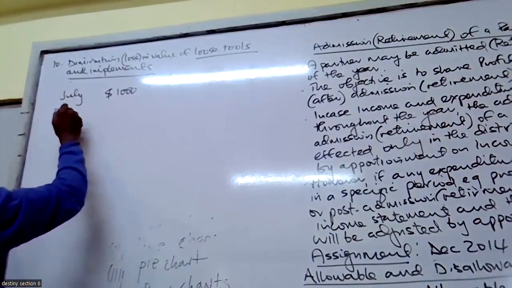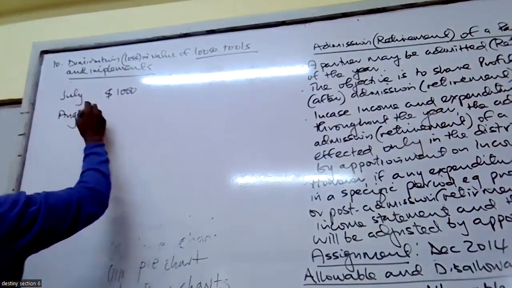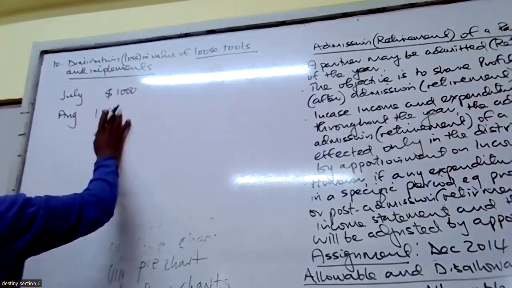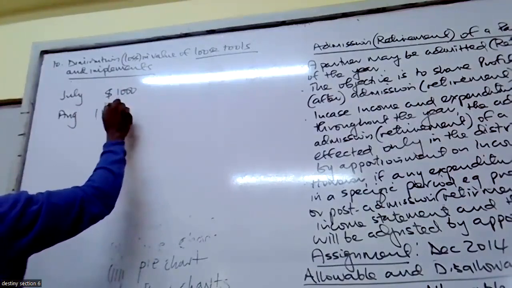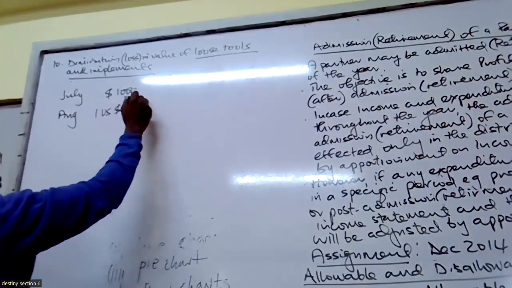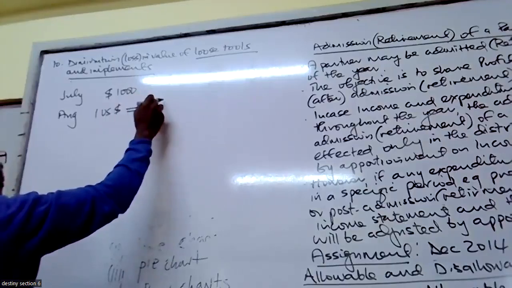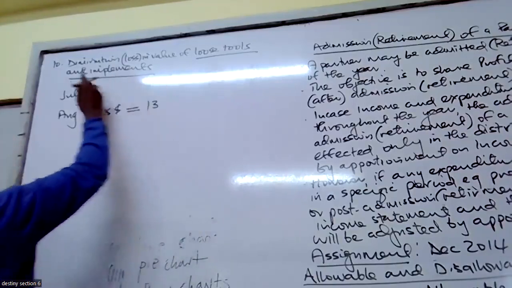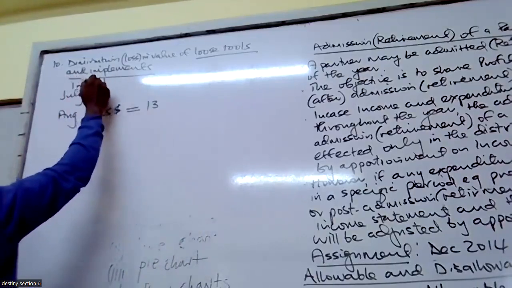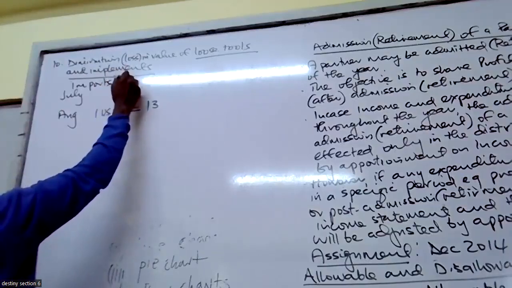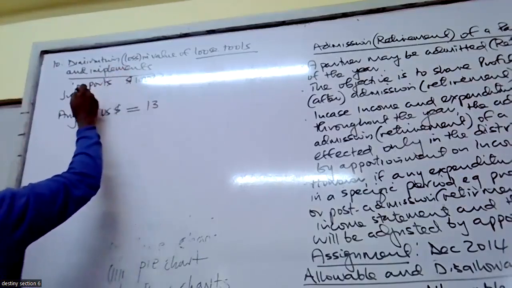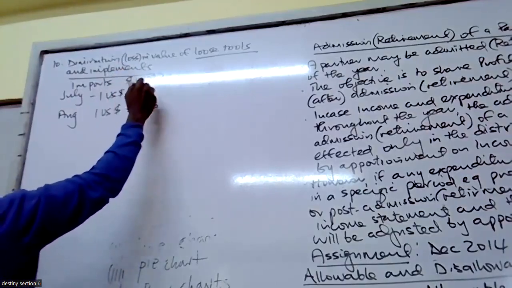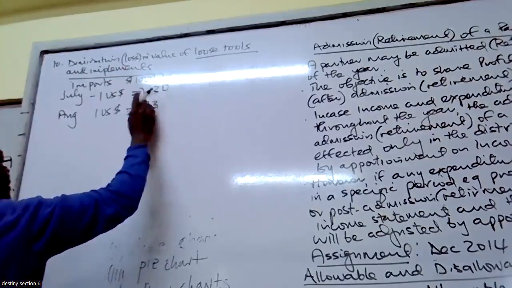So imports were valued at $1,000. In July, $1 exchanges for 130.